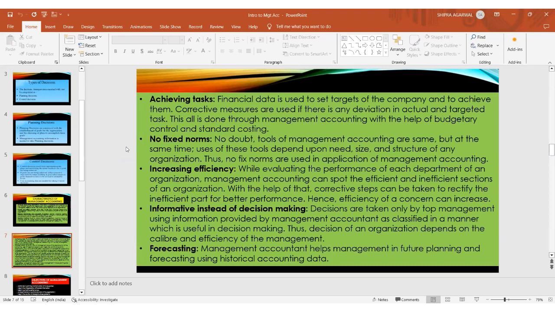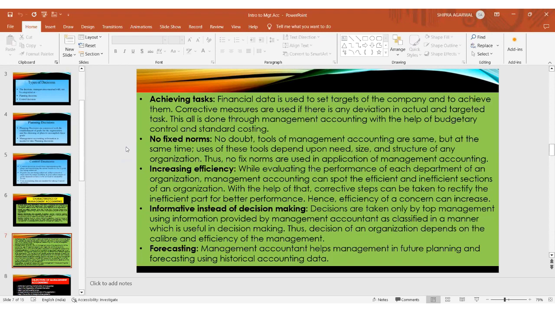Next is it has no fixed norms. See, when I'm talking about management accounting, it is actually related to the planning part, right? And whatever planning I want to do in my organization, you cannot tell me, okay, plan it this way, or this is the format that you have to follow.